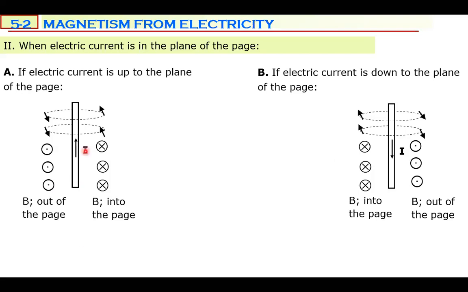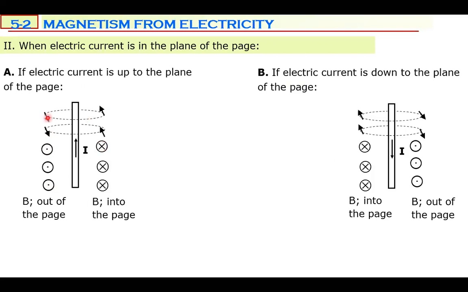If you point your thumb in the direction of this electric current, you are going to see that your fingertips are pointing out of the page on the left side. If you continue curling your right hand, you will see that the magnetic field is pointing into the page on the right side of the wire.